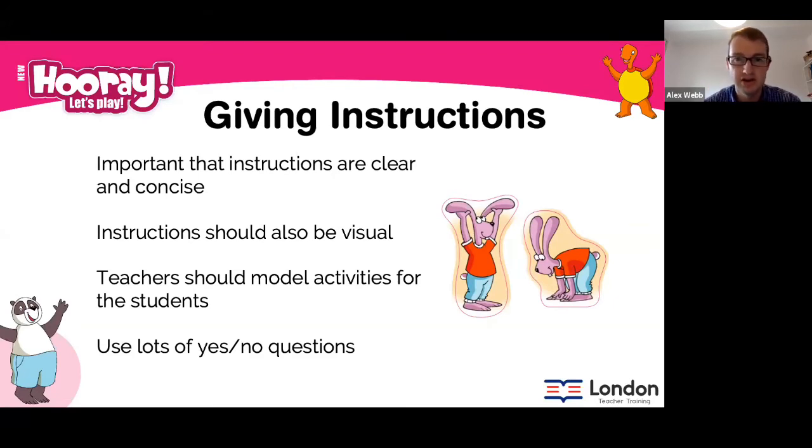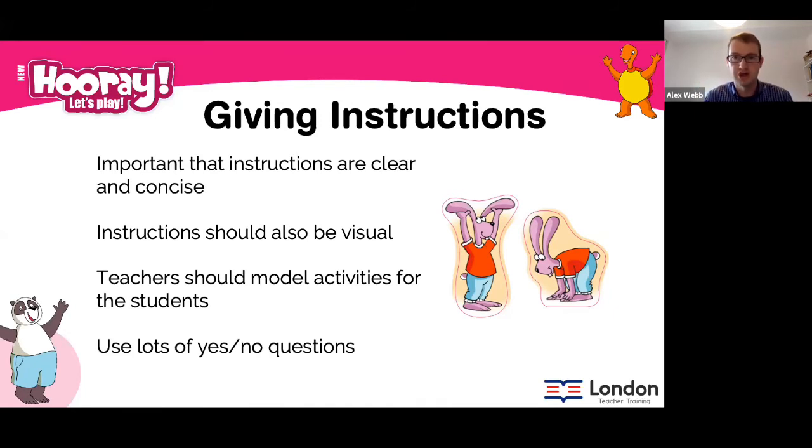It's important that our instructions are clear and concise, and often that means that our instructions need to be visual, especially in this time of COVID, when we've got the face mask on. It's very difficult for the students to read our lips, to work out what we're saying. And so we need to visualize our instructions as well.